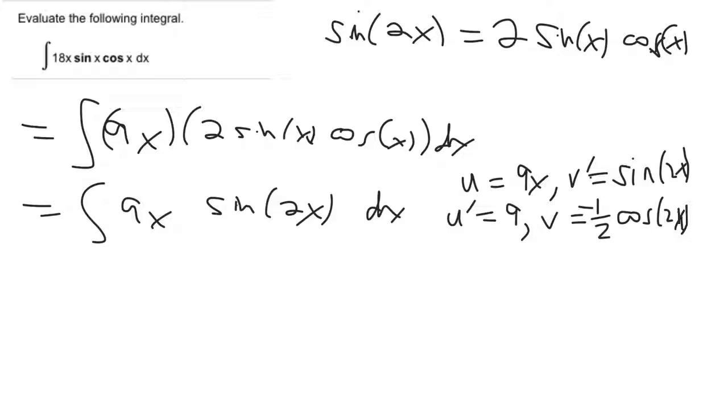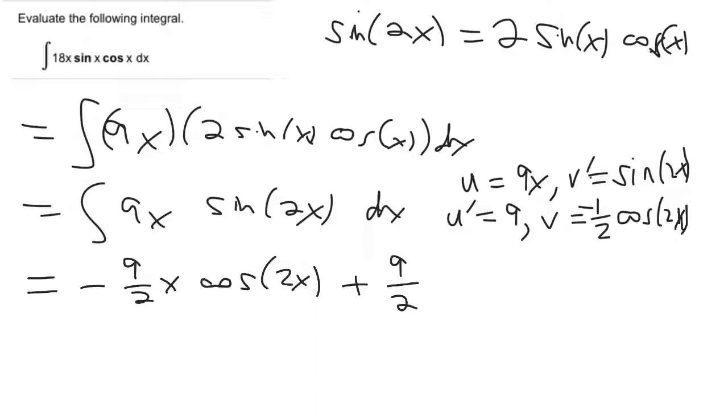So integration by parts says that this integral will be u times v, so that's negative 9/2 x times cosine of 2x minus the integral of v u prime, so that's minus 9 times negative 1/2, so plus 9/2 times the integral of cosine 2x.